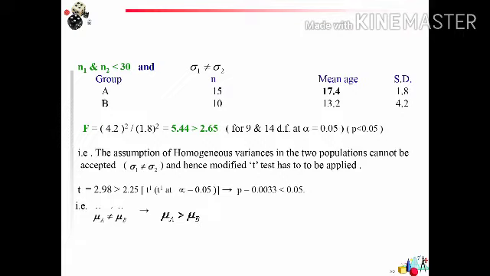So we reject the null hypothesis. Here the null hypothesis is that the mean age of the two populations is equal, that is mu A equal to mu B. And we reject the null hypothesis, accept the alternative hypothesis, that is the mean age of group A is significantly greater than group B.